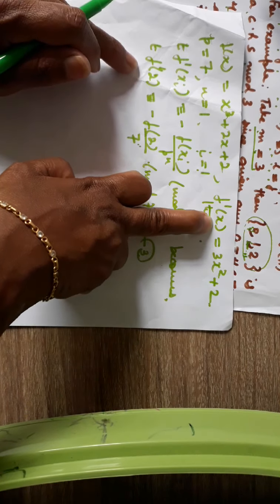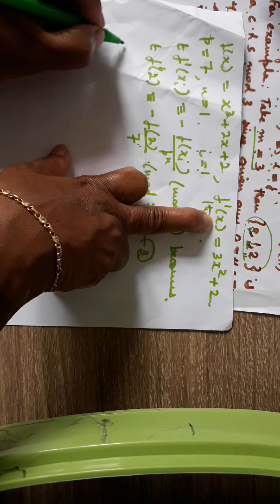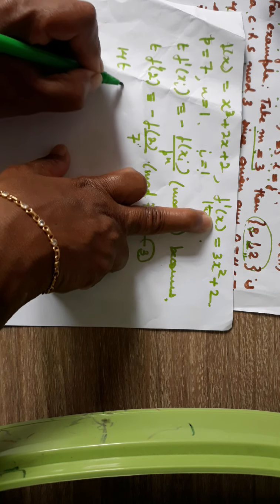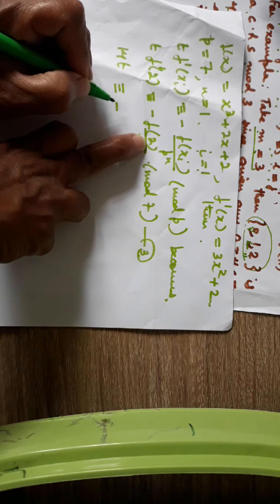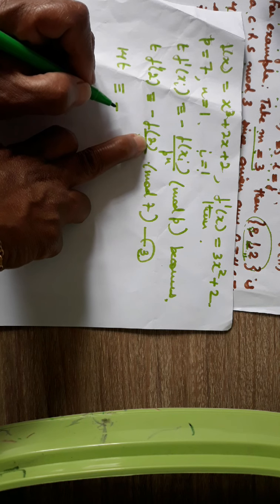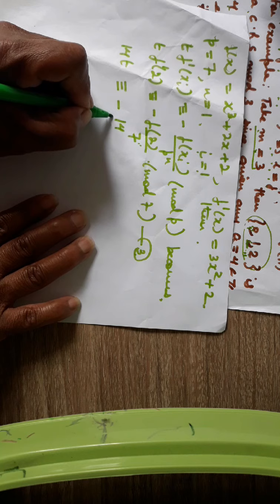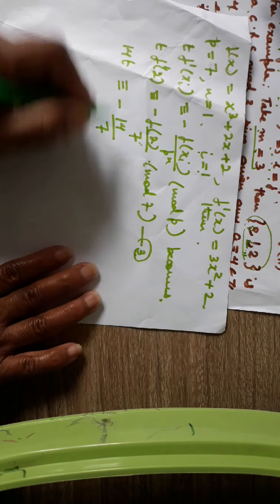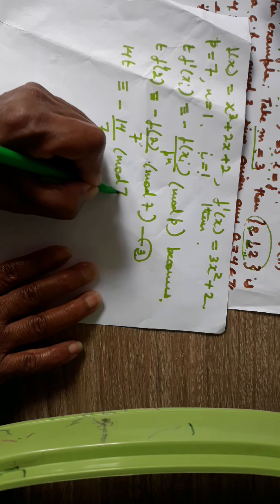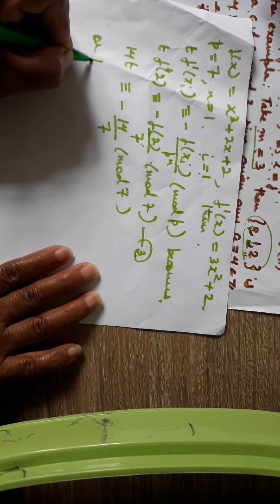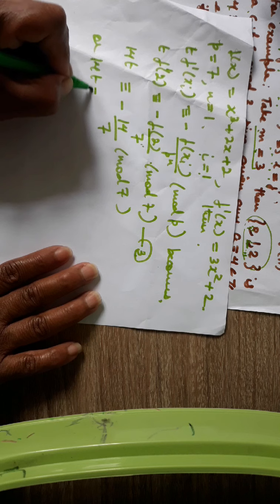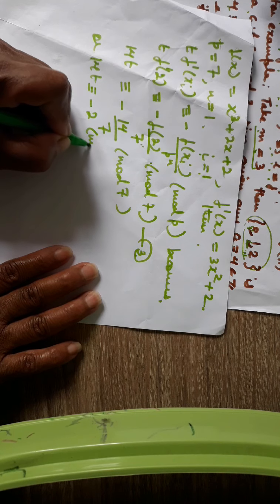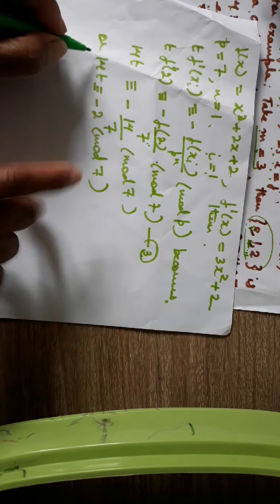If you replace x by 2, you will get 14. So you get 14t congruent to minus f of 2, and f of 2 here is again 14, minus 14 divided by 7 mod 7, or you can write 14t is congruent to minus 2 mod 7.